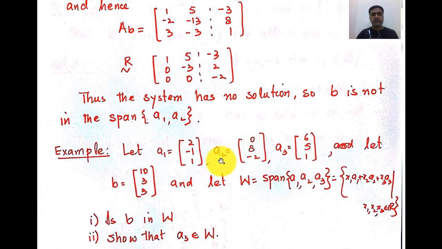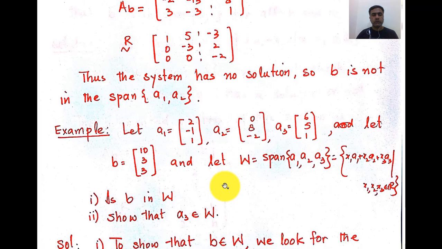Another example: let A1, A2, A3 be these three vectors, and let B be this vector, and let W be the span of A1, A2, A3, which can be described as x1 A1 plus x2 A2 plus x3 A3.